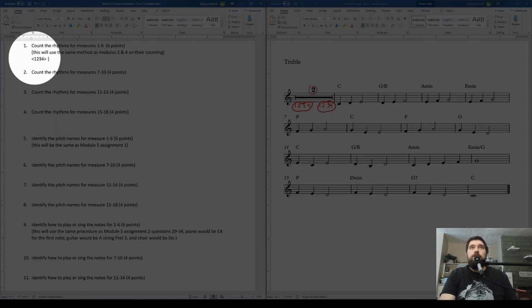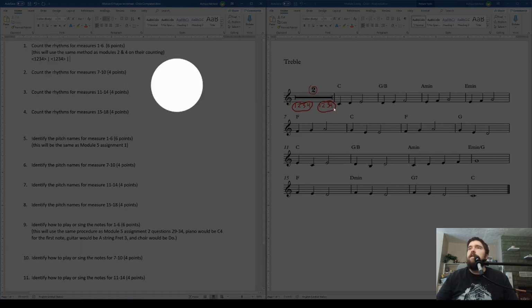Remember, in between measures, we have to have that bar line. Make sure you put that bar line there. So we have 1, 2, 3, 4 there, 1, 2, 3, 4 for the second measure. That's how I read out those first 2 measures, and you can just copy it down from what I put into my answer document.